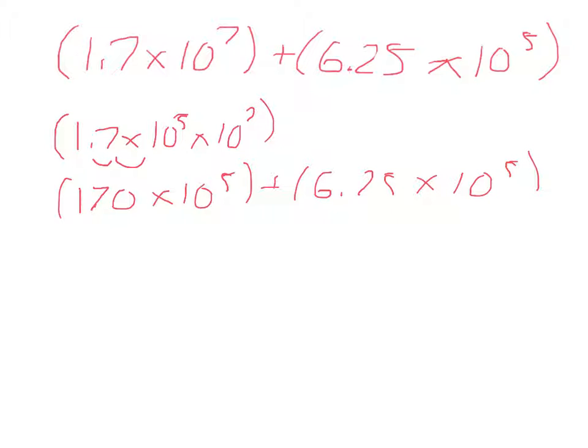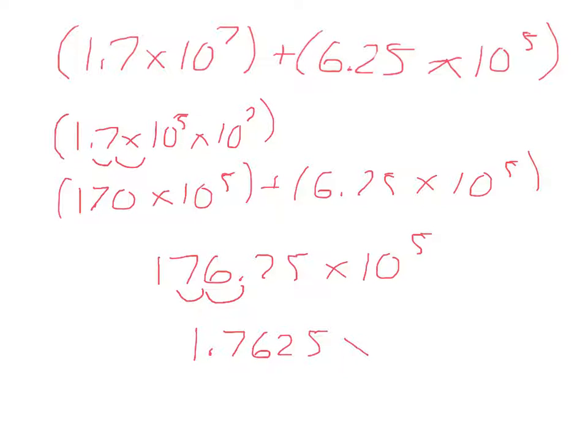Well, that ends up giving me 176.25 times 10 to the 5th. Well, obviously I can't have that. I've got to move that over twice, which is another times 10 squared, to get 1.7625 times 10 to the 7th power.